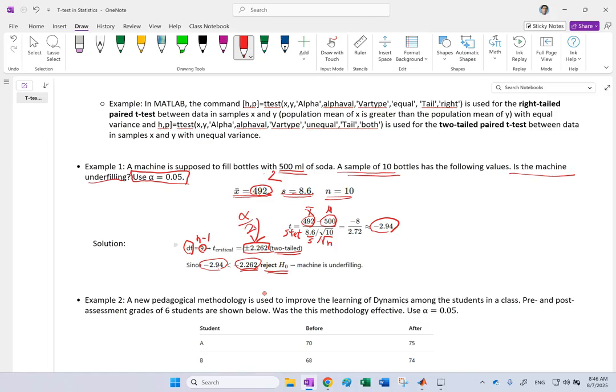Now, to say the machine is underfilling is basically not correct. I got this from some book, and it is not perfectly correct to say. Why? I cannot say the machine is underfilling. I have to say the machine is different, or statistically different from average machines.